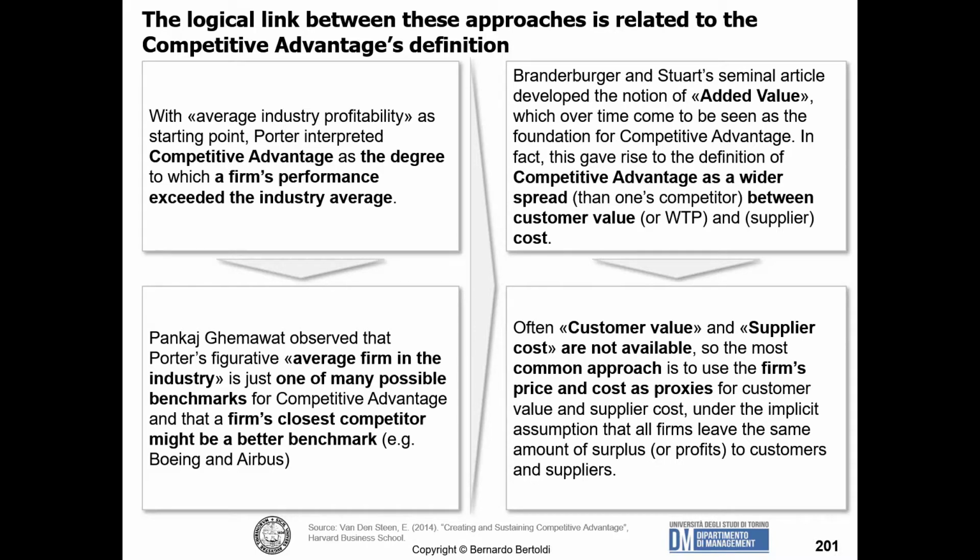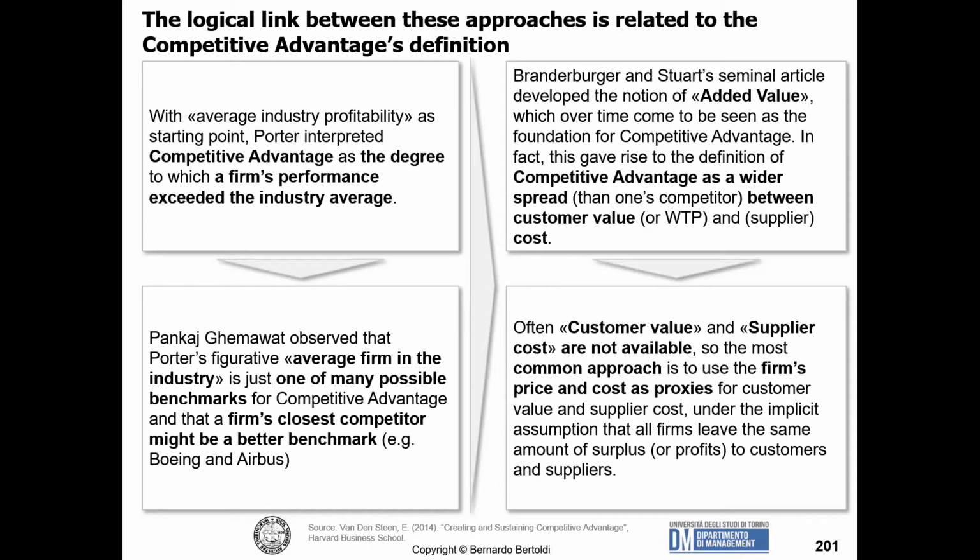On the left, you can see that the starting point was Porter's 5 forces model, that basically was looking for competitive advantages of firms that were performing above the industry averages.